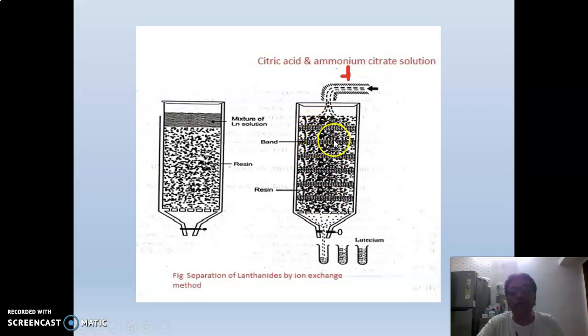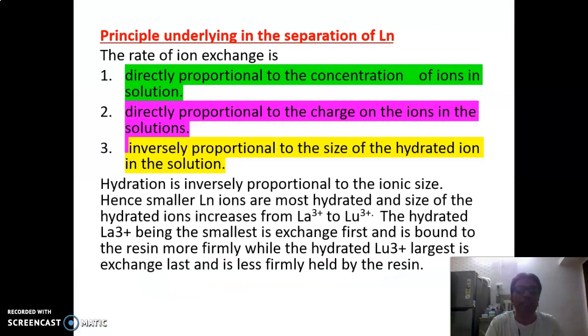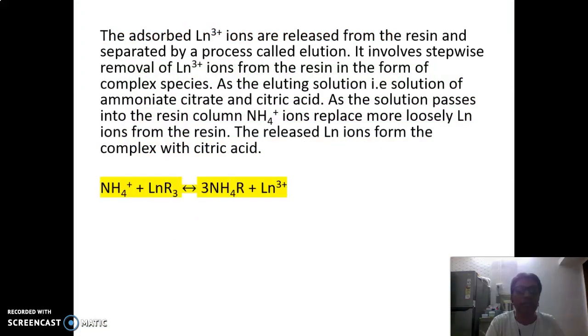There is a complex formation process which takes place here. Okay. So the citrate ion is a complexing ligand, and it forms the complex with the lanthanon ion. Let us once again show the equilibria which is established in the separation of the lanthanon ions.